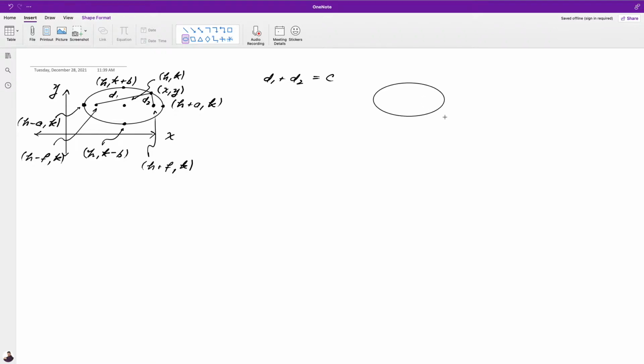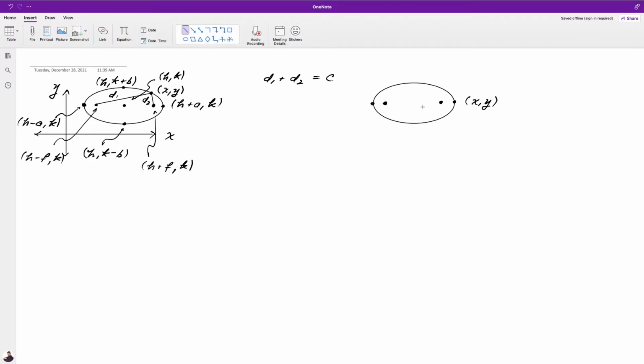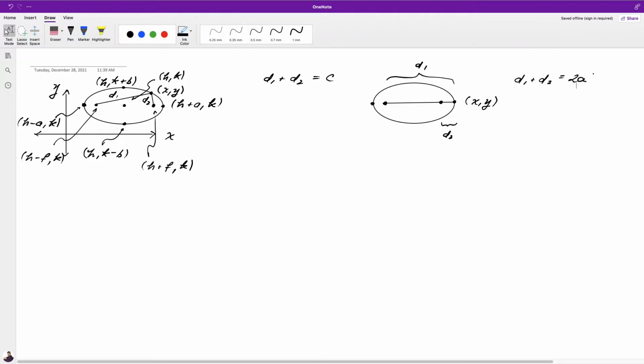If I have the locus of points, the ellipse that is to say, and I allow the point x comma y to be right here, we realize that for these two foci, one distance, d1, I'm going to just denote that right here, and the other distance, d2, are actually going to add up to 2a.